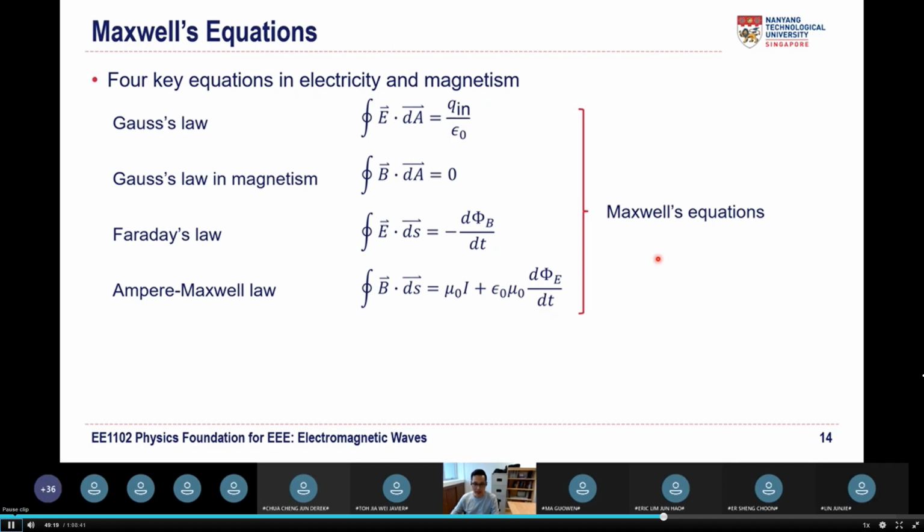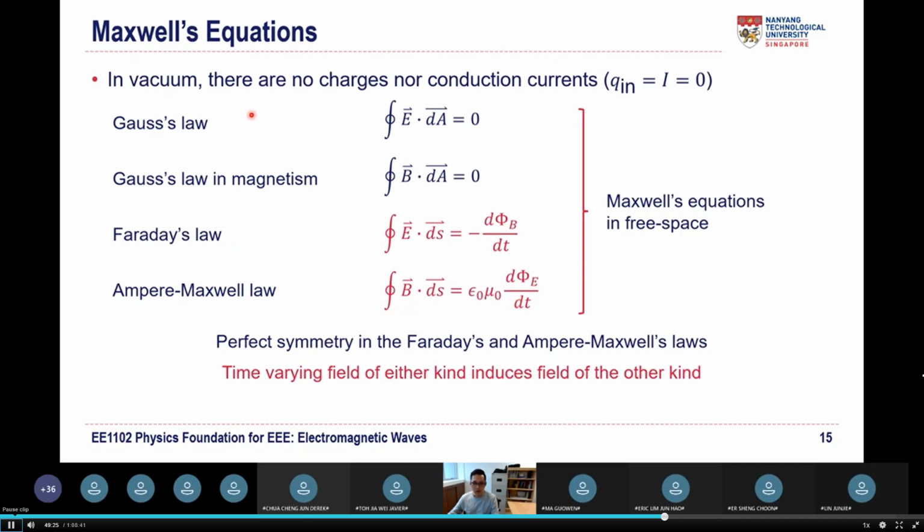Now, let me go to the next slide. If we assume vacuum, or air, which is very similar to vacuum, then we know that there are no charges.